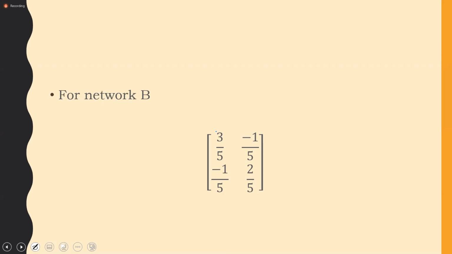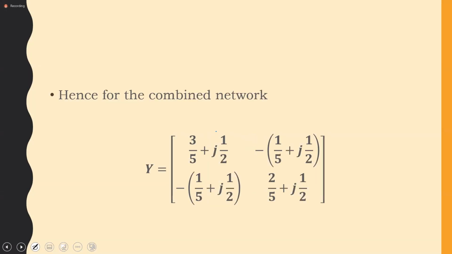So when we add the parameters for network A to that of B, for the combined network, we get that.